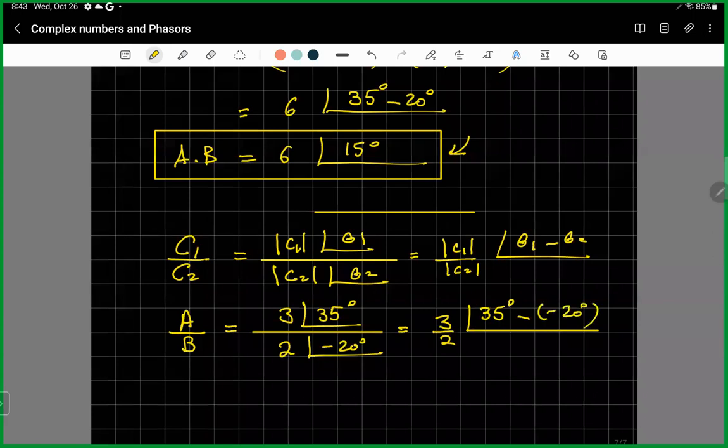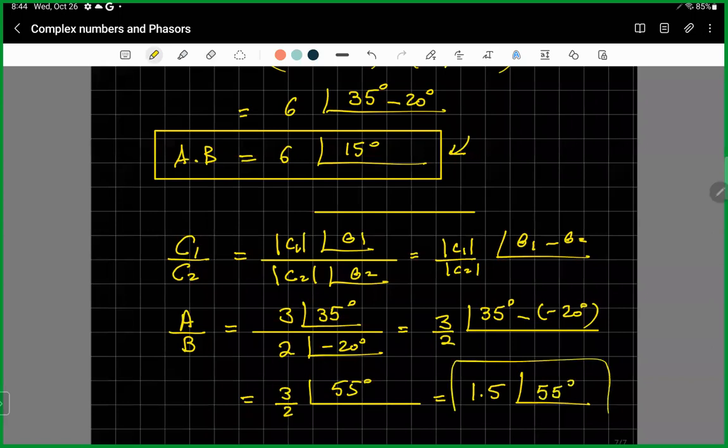Be careful about the sign. So you have 3 over 2, and the angle will be 35 plus 20, which is 55 degrees. Converting to decimals, you have 1.5 angle 55 degrees.